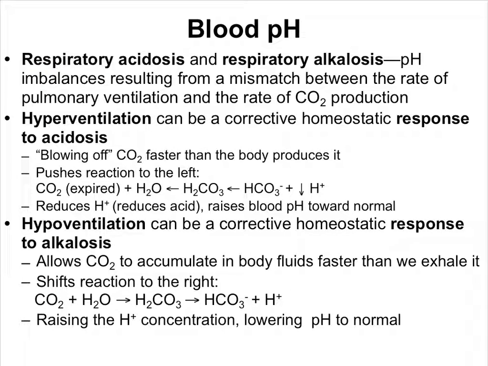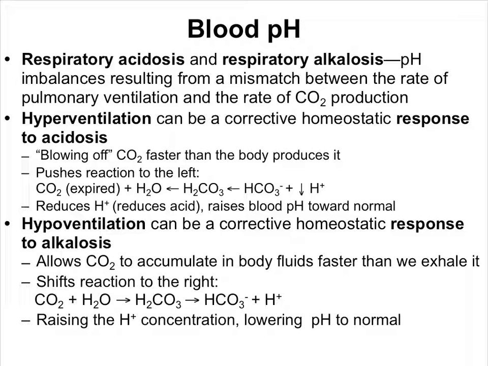That can result from having too little gas exchange in your lungs. This could be from hypoventilation, you're not breathing fast enough, or it could be from a problem with the lungs, that maybe you have pneumonia or emphysema or some other problem that's preventing gas exchange in your lungs.